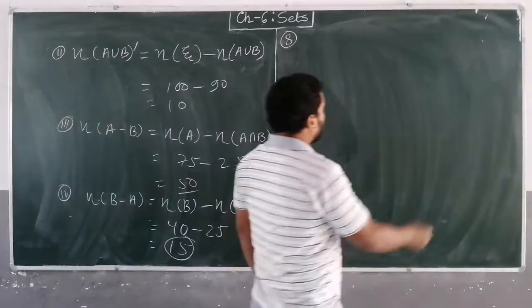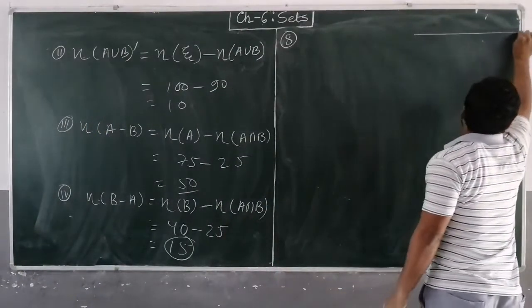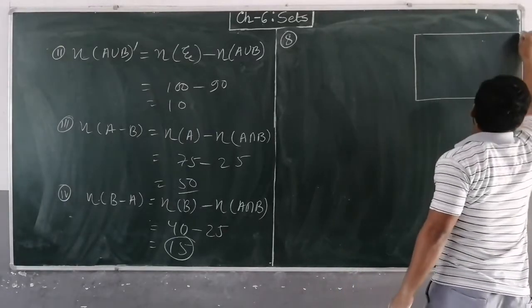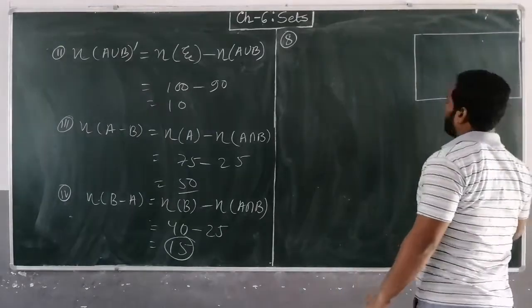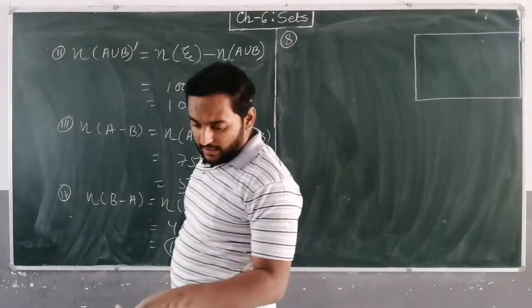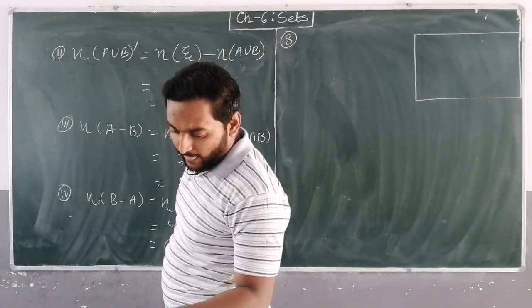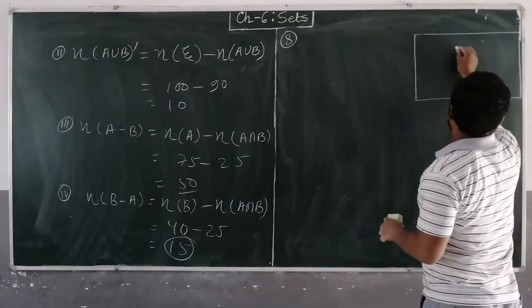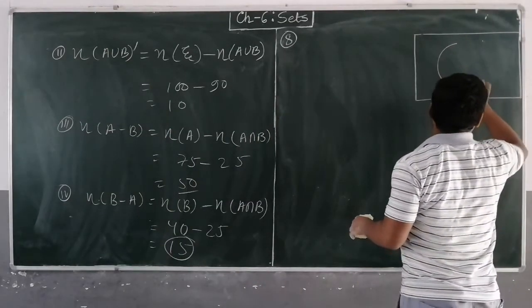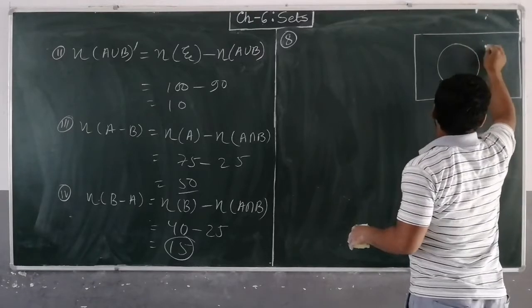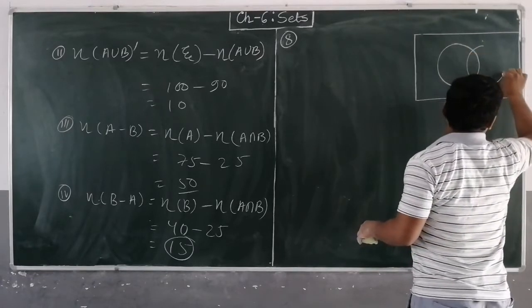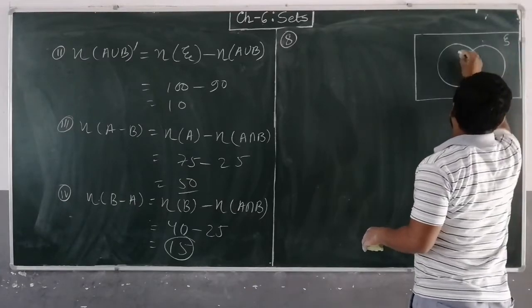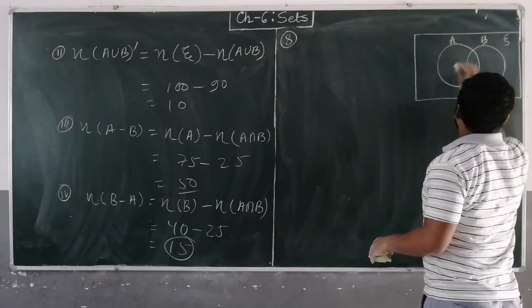So draw the Venn diagram first. Here A, B, A intersection B and (A union B) complement are given. So two sets are there, A and B, and this is xi.